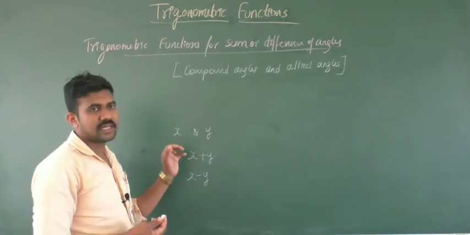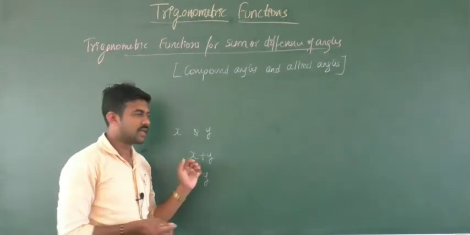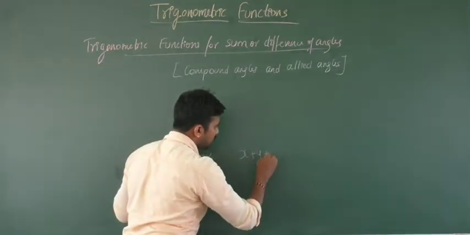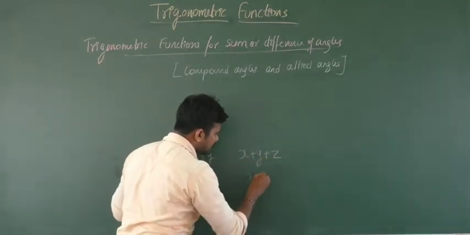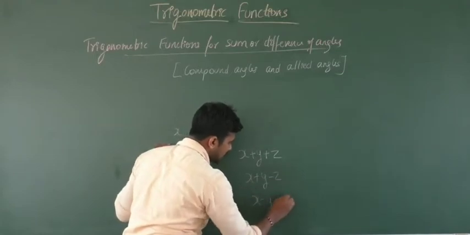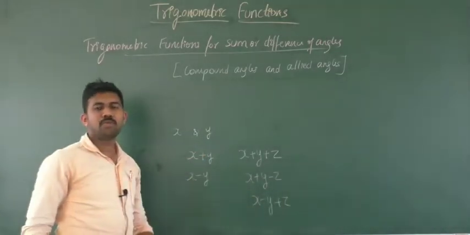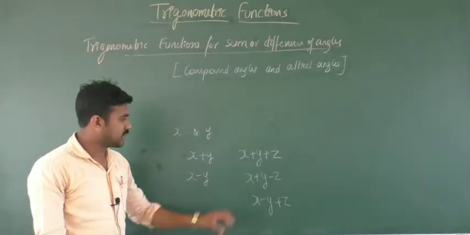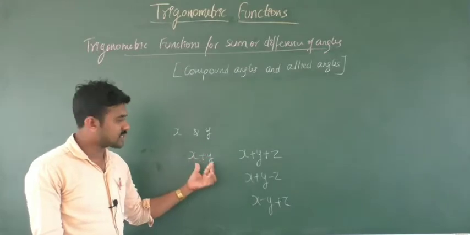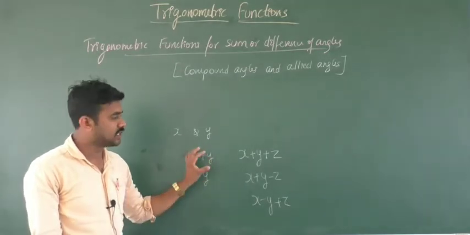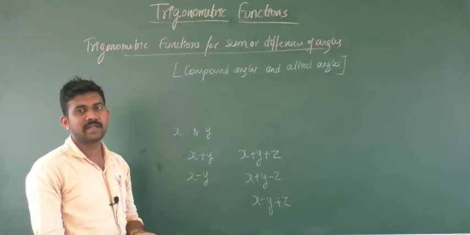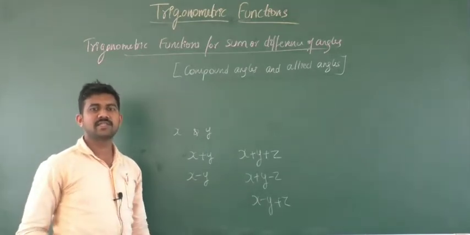But if you consider more than two angles like x, y, z and x plus y plus z or x plus y minus z, x minus y plus z, these are called compound angles. Means here we added more than two angles. This is also a compound angle, but here two or more angles we are using, adding. We are operating, then it is called compound angles.